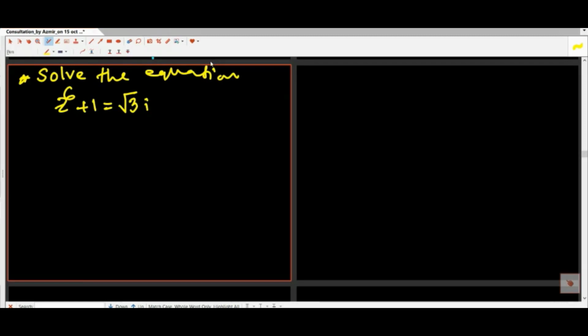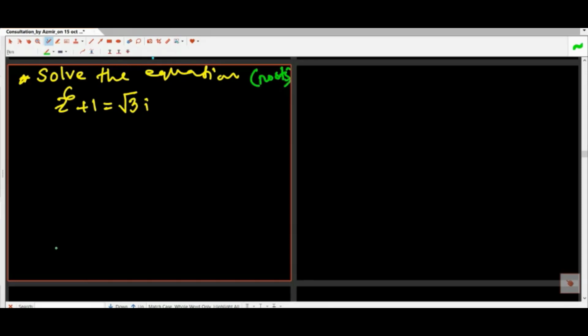If we have to solve the equation, first we have to think about how many solutions we will have finally. If we solve this equation, then there will be solutions or roots. Solutions are also called roots.